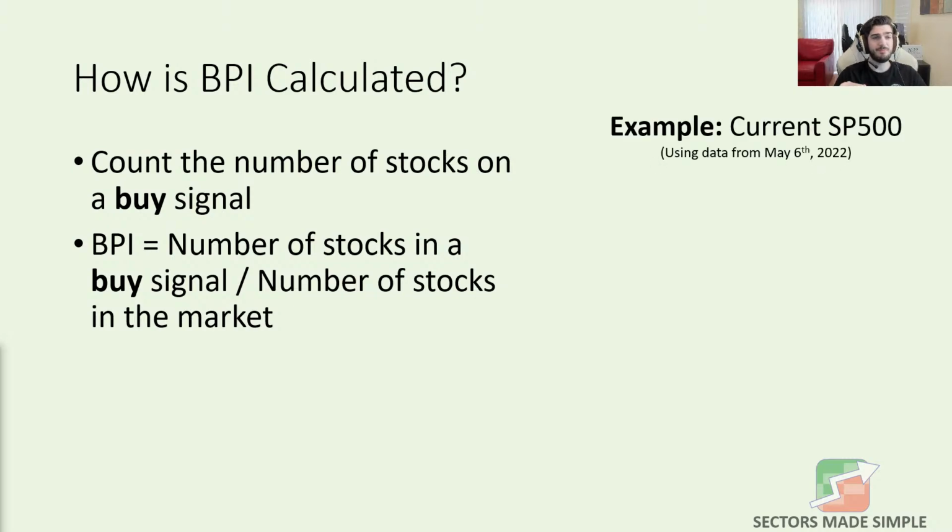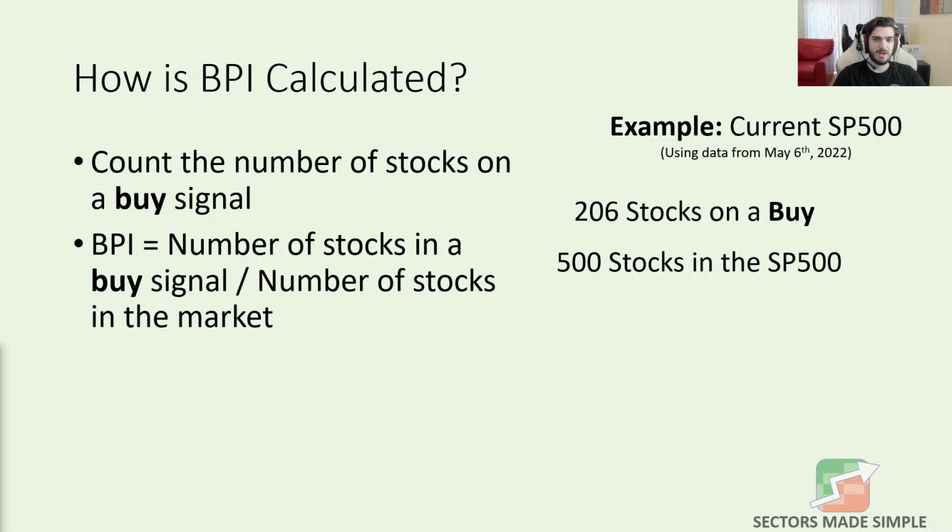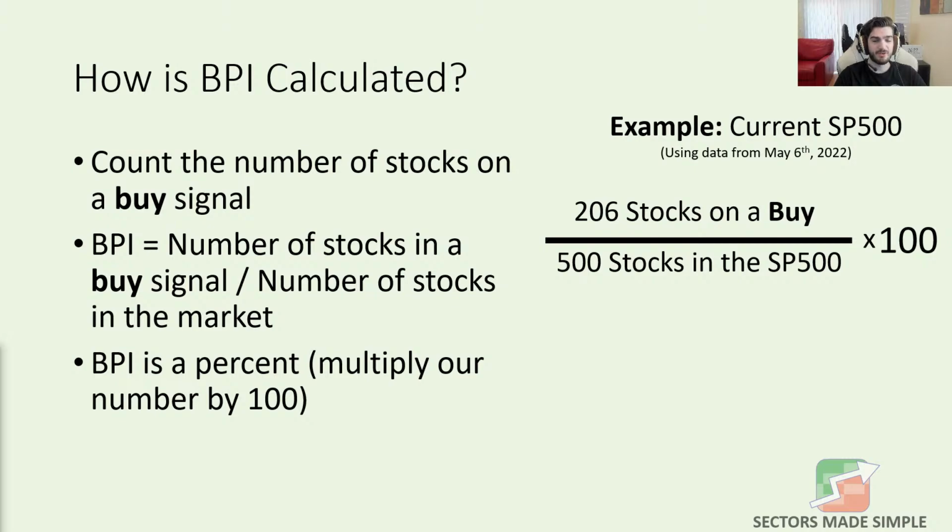Let's use the S&P 500 as an example with some data that I pulled earlier today. There are approximately 500 stocks in the S&P 500, and currently 206 of those are on a buy signal. So we do 206 divided by 500, and because BPI is a percent, we multiply it by 100.